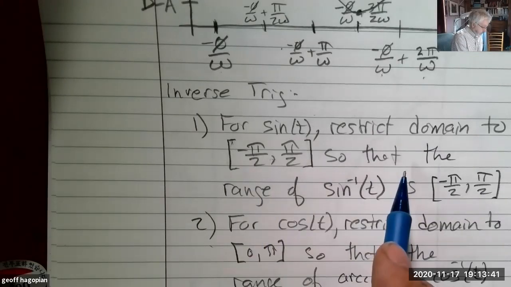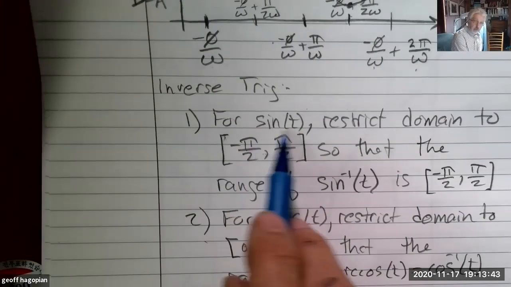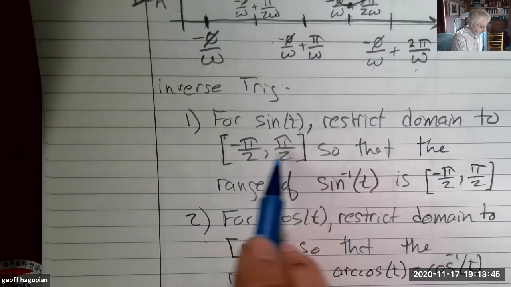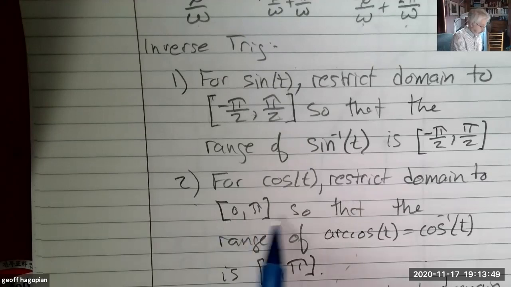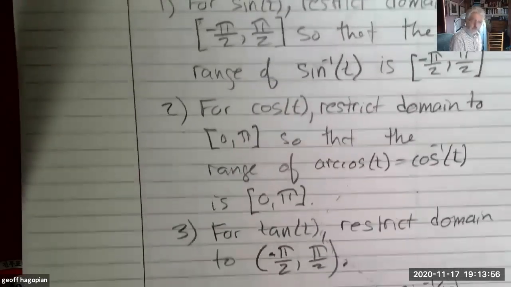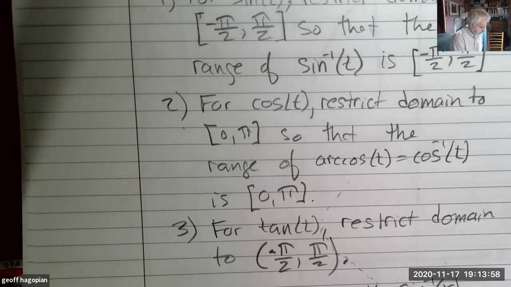Inverse trig. So for sine, we limit the domain so that it satisfies the horizontal line test. Do the same thing for cosine, but it's a different interval, right? It's shifted by pi over 2. So for tangent, we restrict the domain to negative pi over 2 to pi over 2.